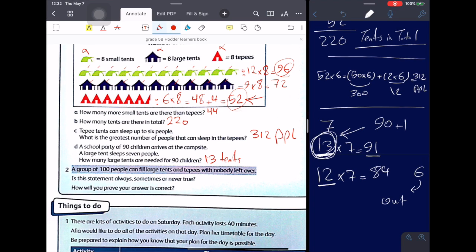This statement is sometimes true. 10 large tents sleep 70 and 5 teepees sleep 30 people. And 12 teepees sleep 72 and 4 large tents sleep 28 people. However, this statement would not be true for, let's say, 10 teepees and 5 large tents, because 5 people would not have a tent in this case.